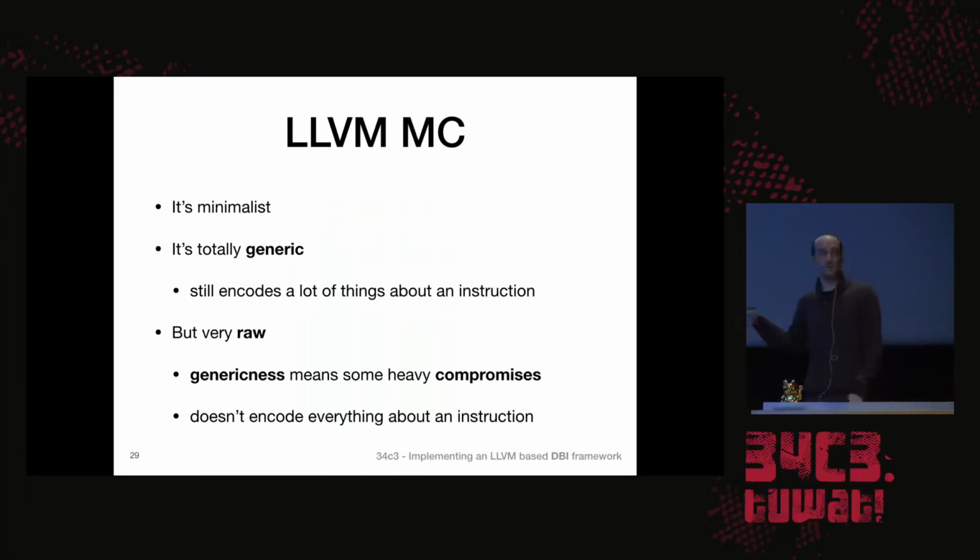And also, since they wanted it to be generic, they made some compromises. For example, they don't encode everything about an instruction. There is a lot of glue code, a bit everywhere, in fact, and it makes using this layer a bit tricky. So for example, we want to create instructions. It's one thing that we will need to do for DBI. And even if every instruction uses the same representation, they use it in a slightly different way.